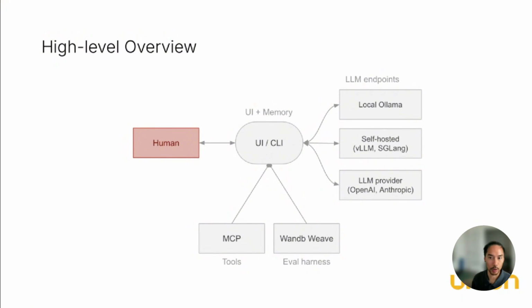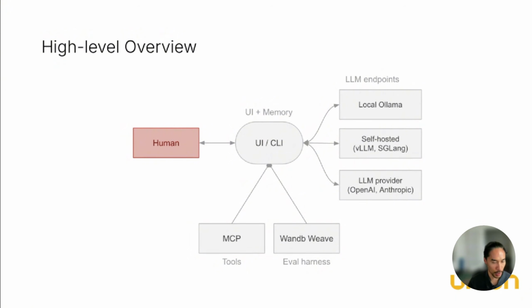So this could be a local Ollama server, a self-hosted remote endpoint using an inference framework like vLLM or SGLang, or an LLM provider like OpenAI and Anthropic. And so that's the LLM piece.